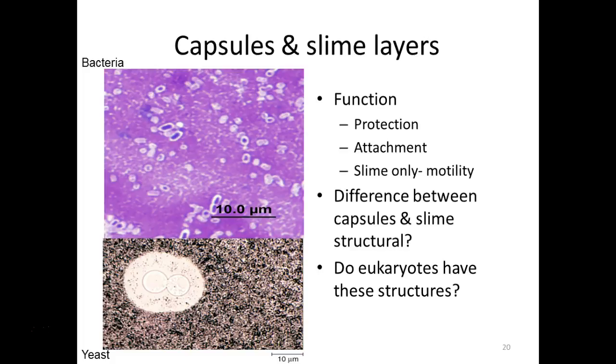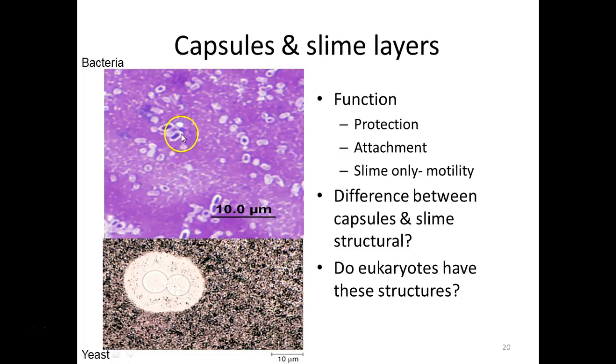So what's the difference structurally between capsules and slime layers? Capsules, as you can see in this picture, so here's a bacteria, and you see this clear area around the bacteria? That's its capsule. They've done a special stain where they've stained the background and the cell, but capsules don't have a charge. They don't stain.